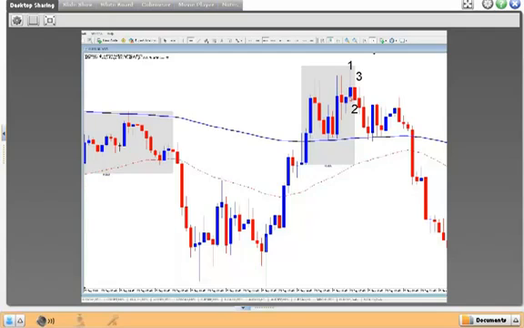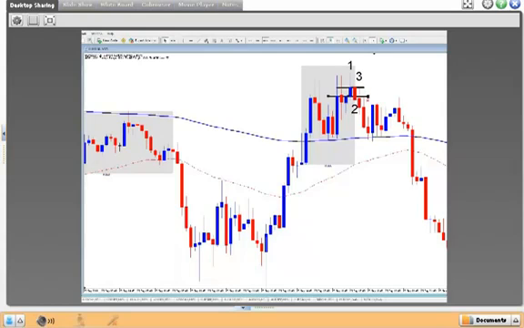I'm going to wrap these lines around the body of that candle. Actually, let me draw a line here, be a little bit clearer. So we'll just wrap these lines around that candle. Notice how that third candle pulls back into the body of that reversal candle.